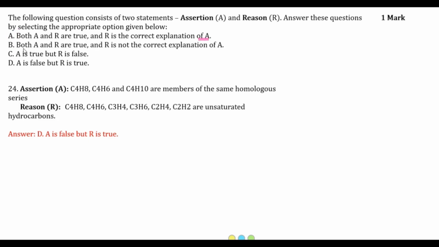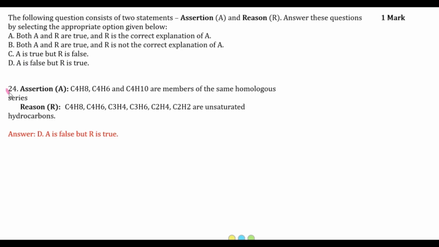B says both are true, and reason is not the correct explanation of assertion. C says assertion is true but reason is false. D says assertion is false but reason is true. By seeing the assertion and reason and their relation, we have to choose the correct option.